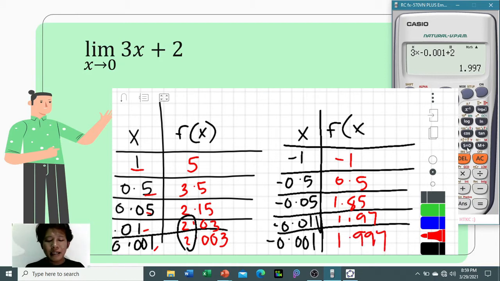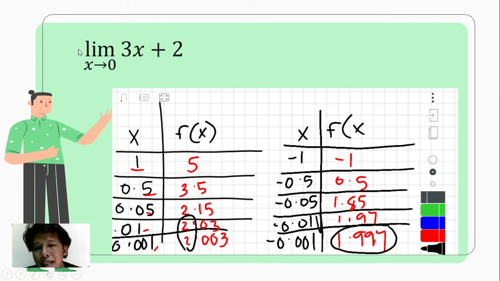Okay? So if you notice here, what is it getting closer and closer to? It actually approaches 2 still. Right? So, we can say that the limit of this function, the limit of 3x plus 2 as x approaches 0, is 2.